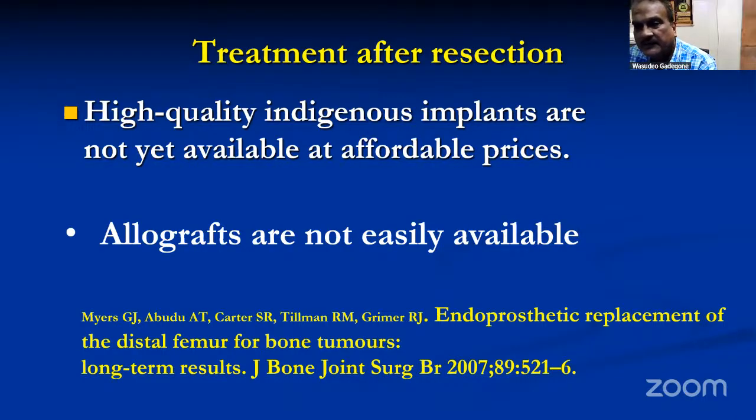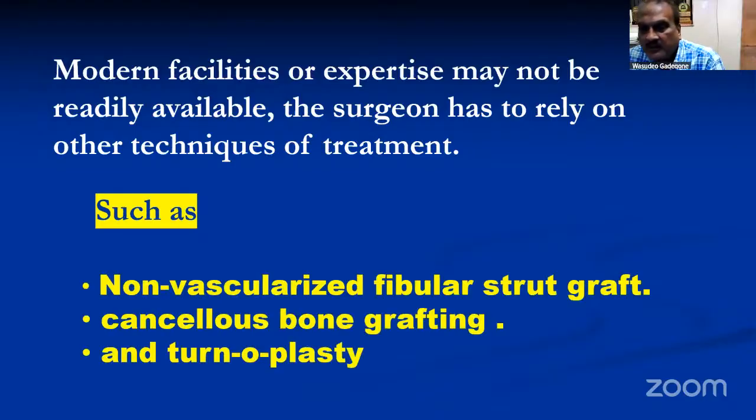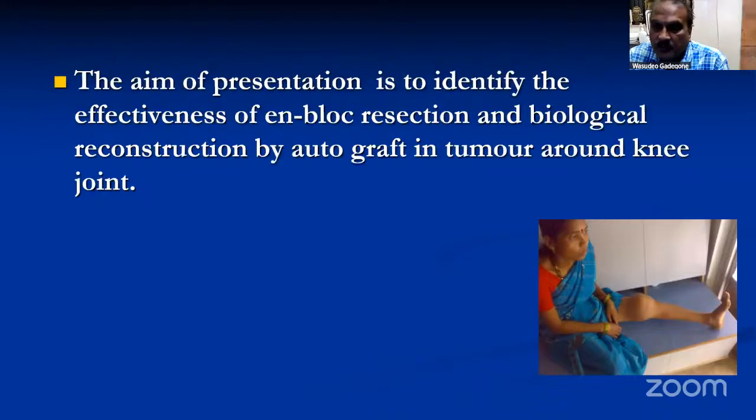Allografts are not easily available, and modern facilities or expertise may not be readily available. The surgeon has to rely on other techniques such as non-vascularized fibular strut graft, cancellous bone grafting, and rotationplasty after excision of the tumor.